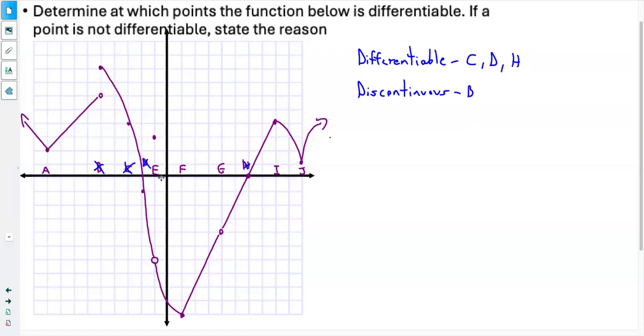Here we're jumping from here to here, so it's discontinuous at E. G also is discontinuous because we have this hole.